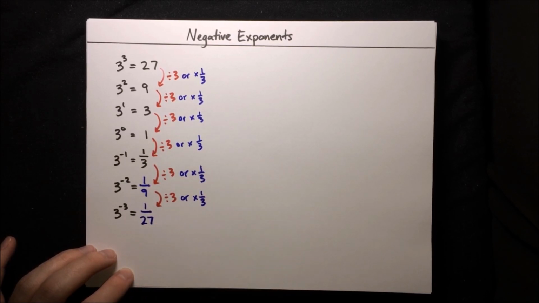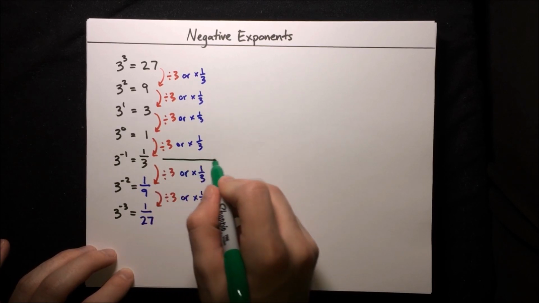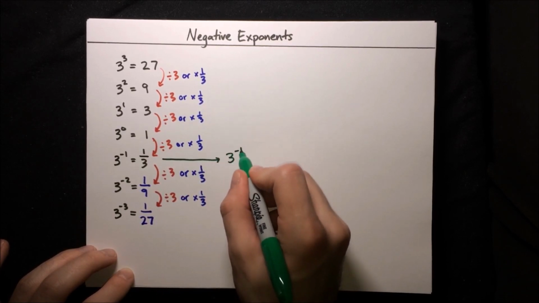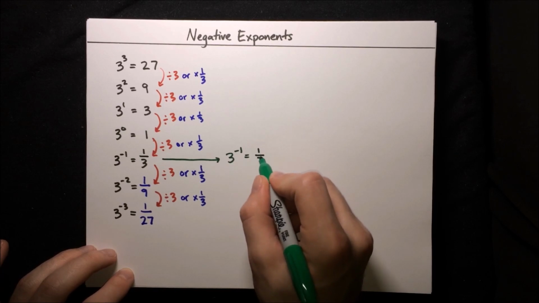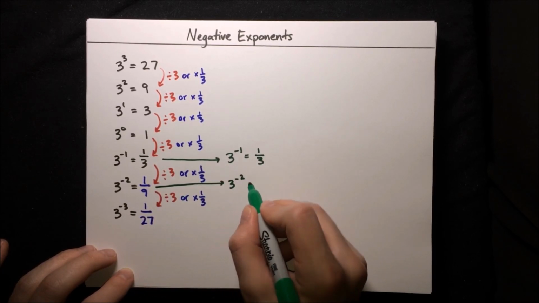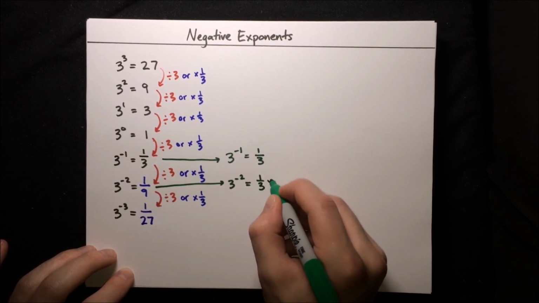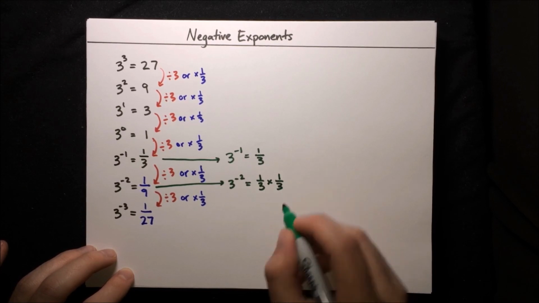1 over 27. Now let's look closer at these negative exponents. We have that 3 to the negative 1 is 1/3. And we also have that 3 to the negative 2 is 1/9. Why don't we write that as 1/3 times 1/3 though, just to make the pattern clear.